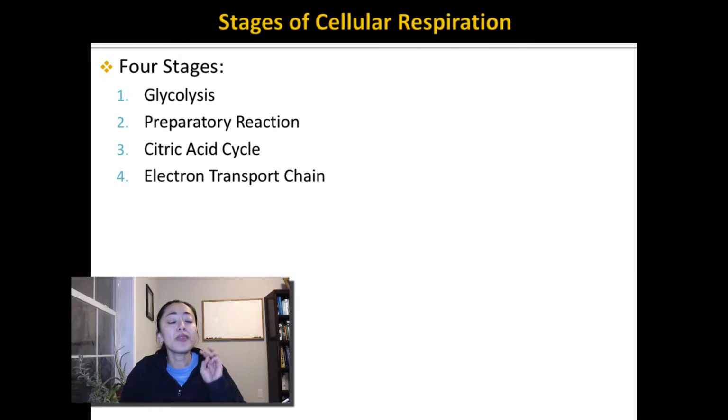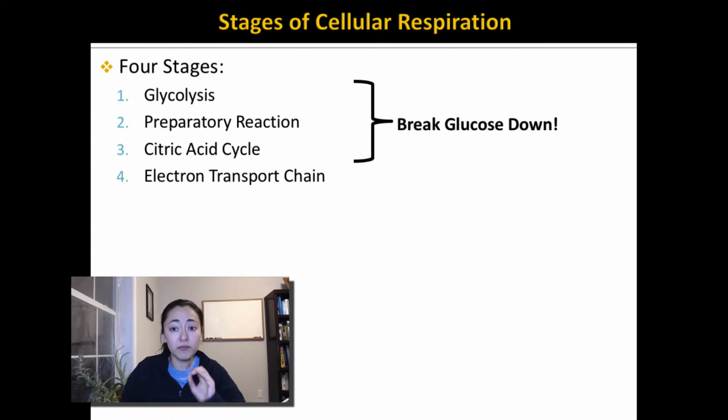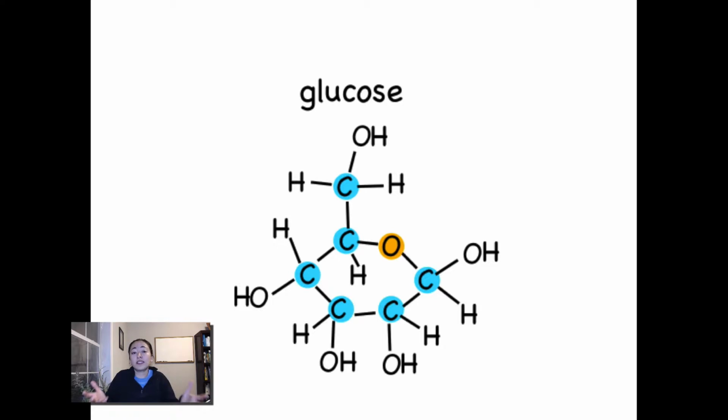The goal of the first 3 stages of cellular respiration is to completely break the glucose molecule down, whereas the goal of the final stage, the electron transport chain, is to produce a majority of the ATP that is made during cellular respiration. But remember how I said that our cells cannot break down glucose rapidly because most of the energy would be lost as heat?